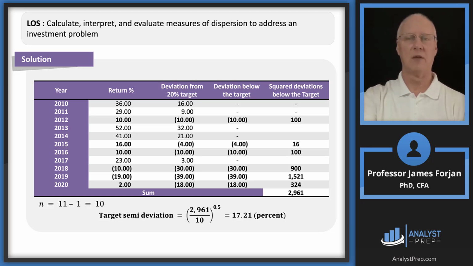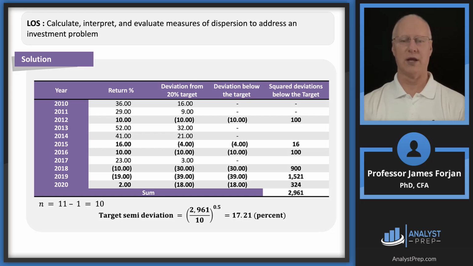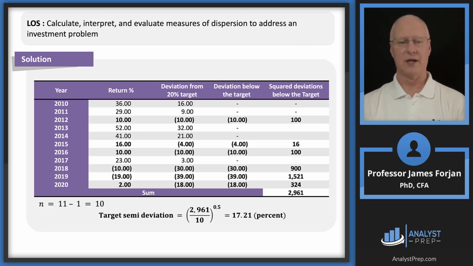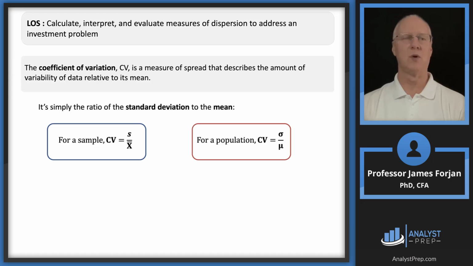And then over in the fourth column, you just replicate those that show up below that, below the target. And then you square them over in the final column, and then divide by degrees of freedom. Remember, this is sample, n minus 1. So there you go. The target semi-deviation is 17.21%.